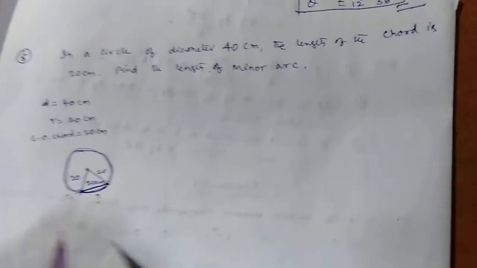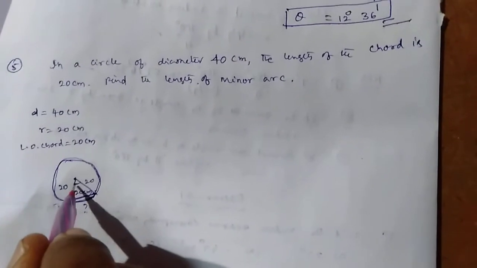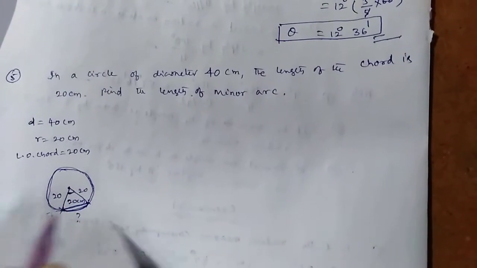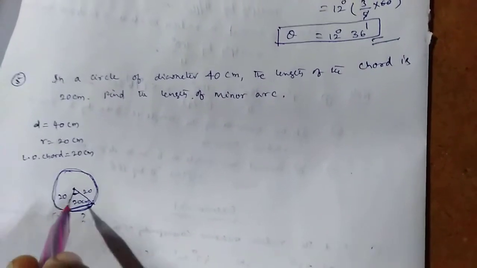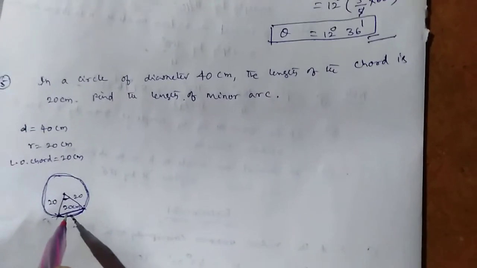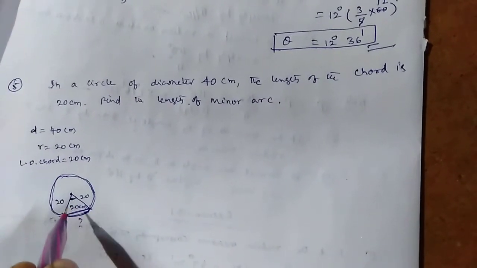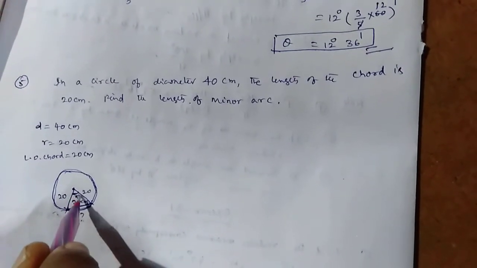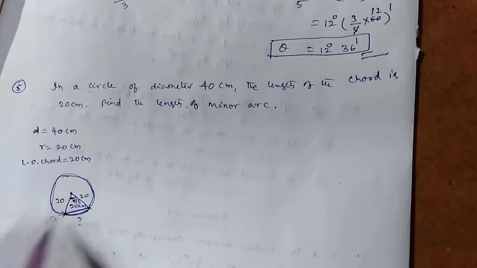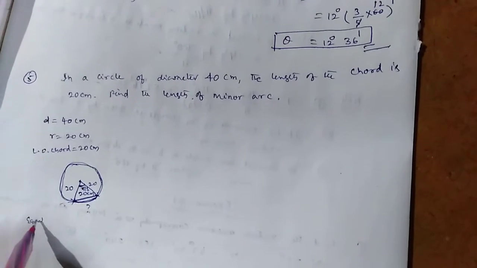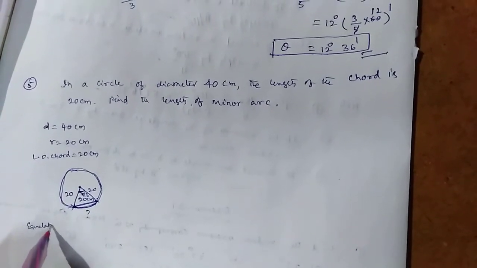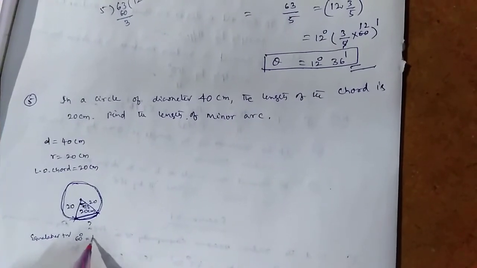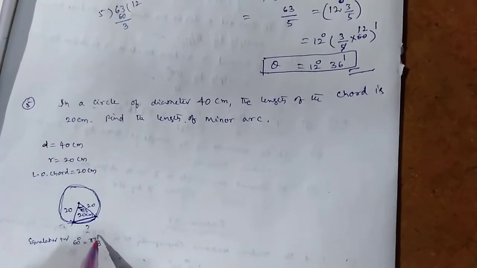So we know that here is the angle that can be measured in radians. Because it is an equilateral triangle, I can write it is 60 degrees or pi by 3, the angle, because all angles are equal. Equilateral triangle, the angle subtended is equal to 60 degrees or pi by 3 radians.